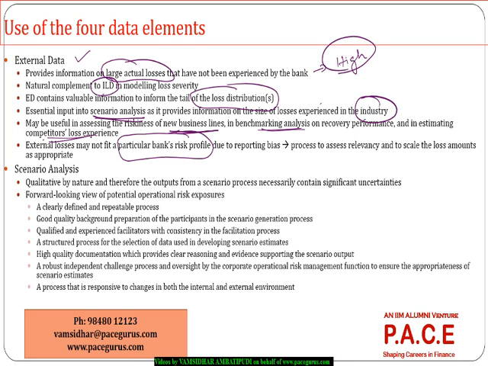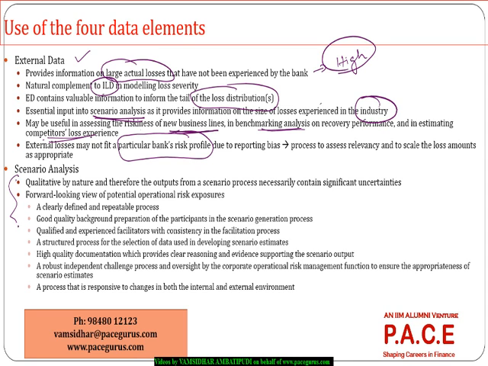How relevant are the scale of the loss amounts that the external data is producing to the business model and the risk profile of the particular bank? So assessing that is an interesting aspect, right?